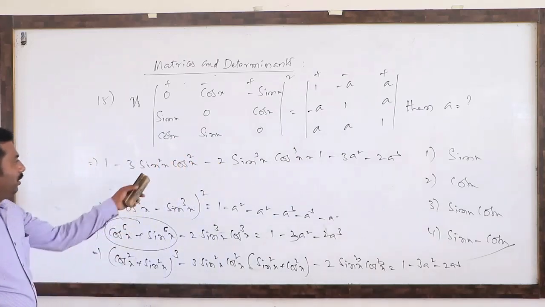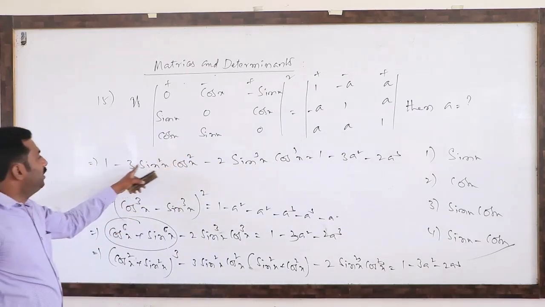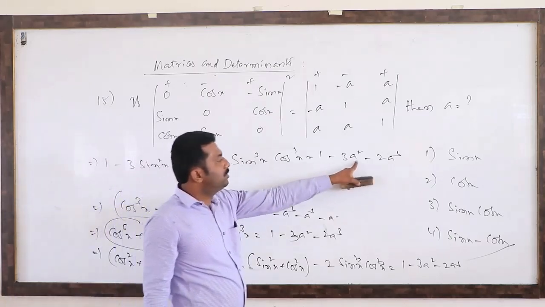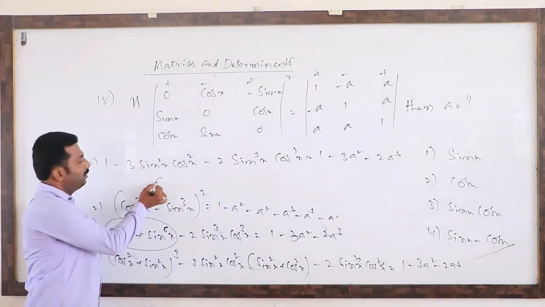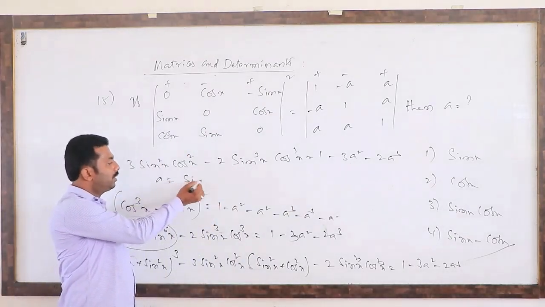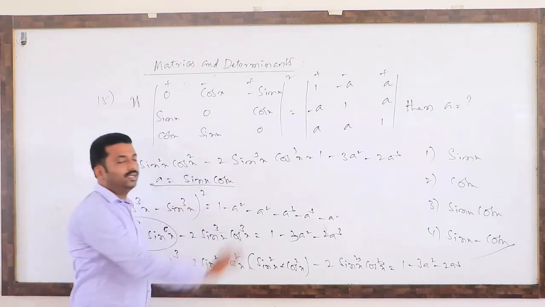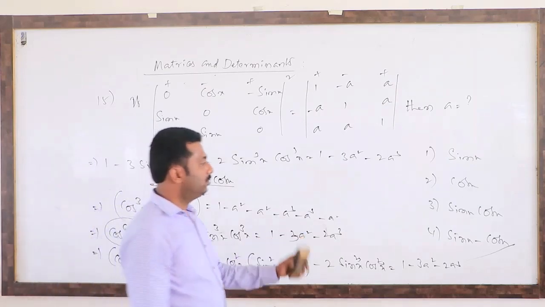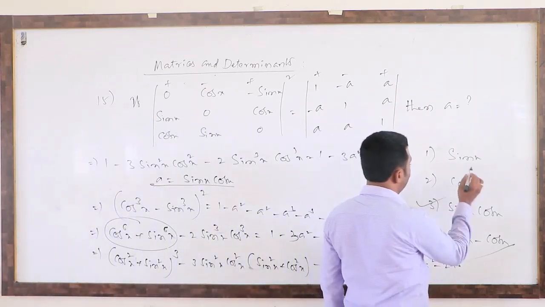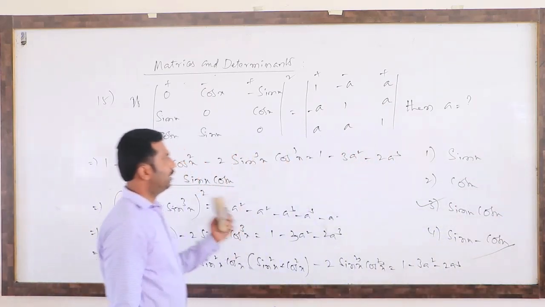So just compare, 1 cancels, minus 3 sin square x cos square x, this is a square. So very clear, the value of a we can write as sin x into cos x. So we can give the third option as the answer.